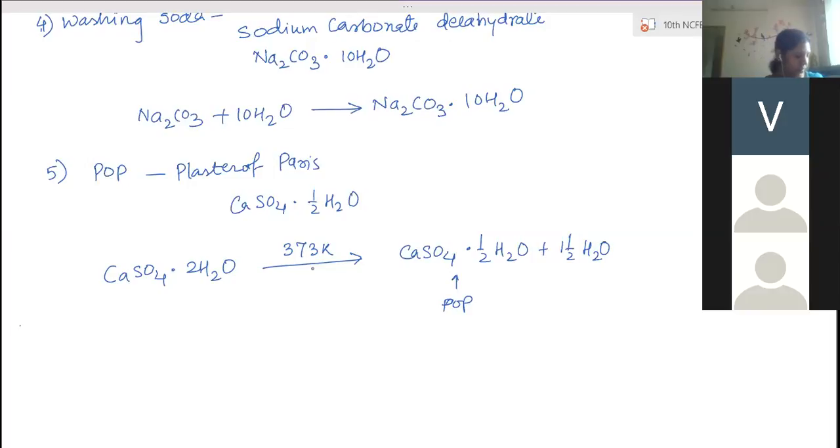Then what happens when POP is exposed to air? It reacts with the moisture present in the air and forms gypsum again, which is hard and remains unusable. So therefore, it should not be exposed to air.